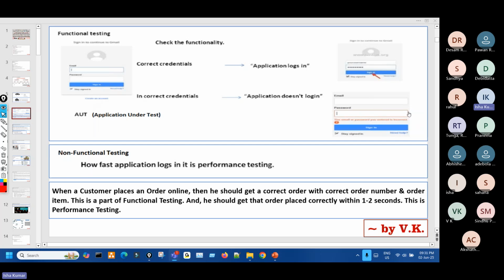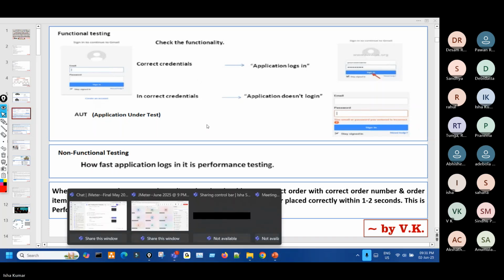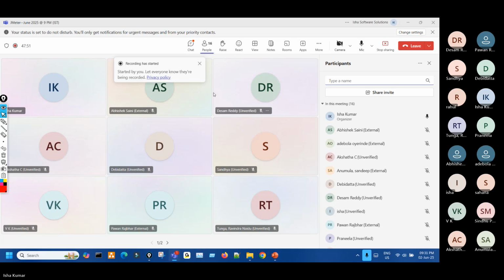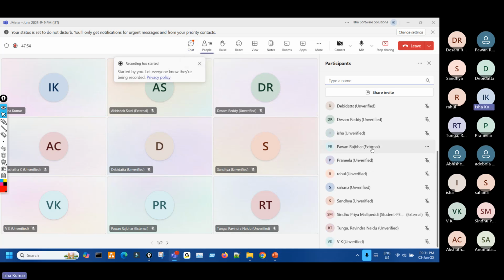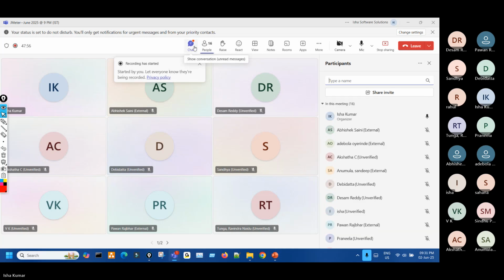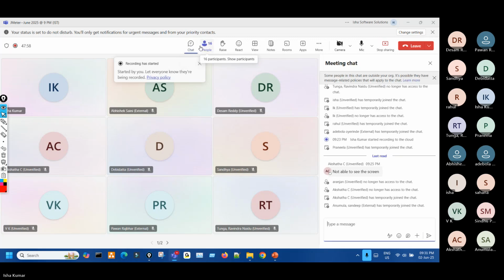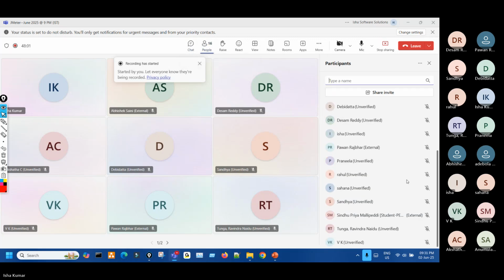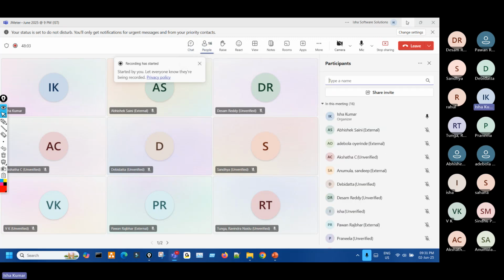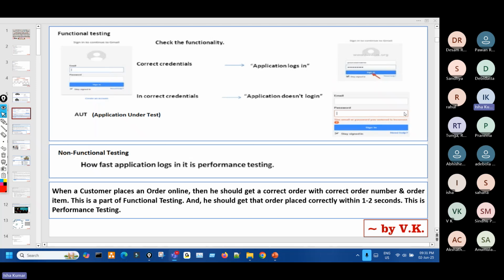So you see this page. This is a demo screenshot. Right, so this thing that you see is a screenshot of the Gmail login page.